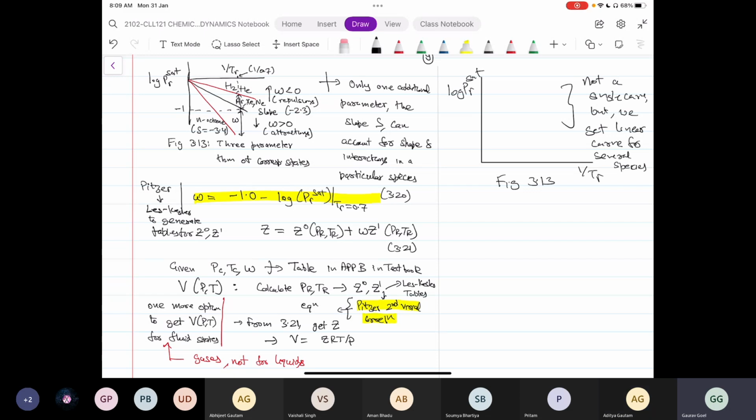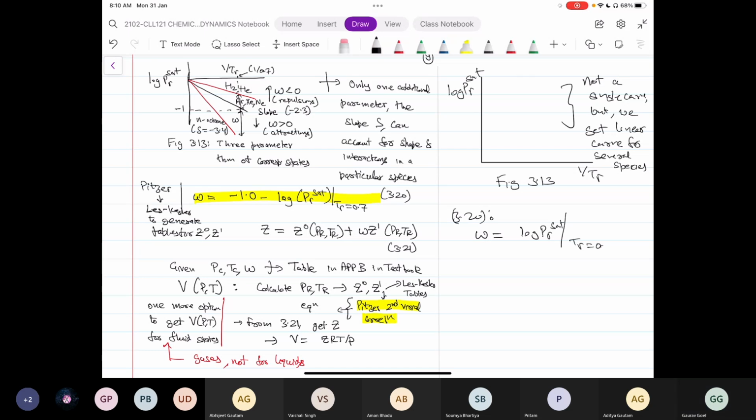So the difference between the value of logarithm of Pr sat at Tr equal to 0.7 between two sets of species. One set is taken as noble gases. So let us write equation 3.20 again. From the figure, the way we are defining omega is it is a difference in this quantity, and because all the curves are linear, a single value is sufficient.